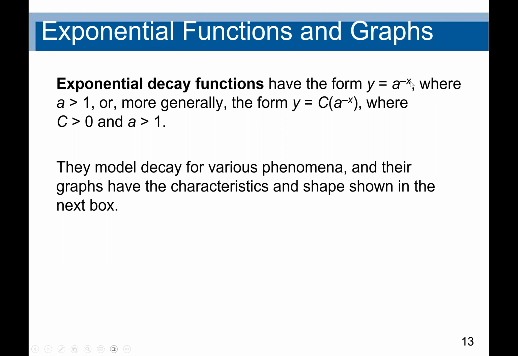So here we have the same condition, a must be greater than 1. And also we have another form, y equal to c a to the power -x. As long as c is greater than 0 and a is greater than 1, we still have, again, exponential decay functions.